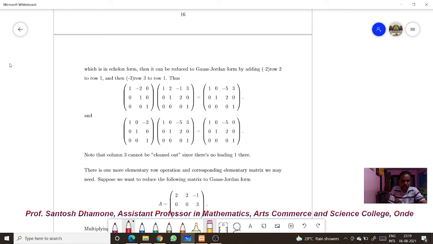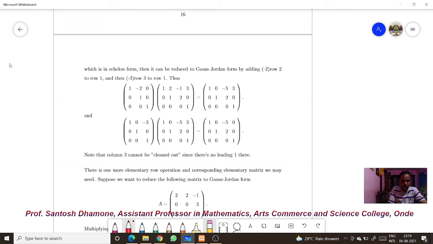How to get it? We get 1 0 0 0 1 0 minus 1 0 1 into matrix 1 half 0 0 0 1 0 0 0 1. This E1 and E2 are obtained by this operation.